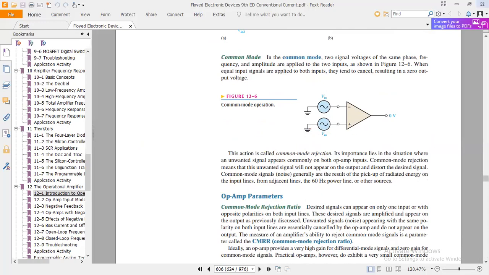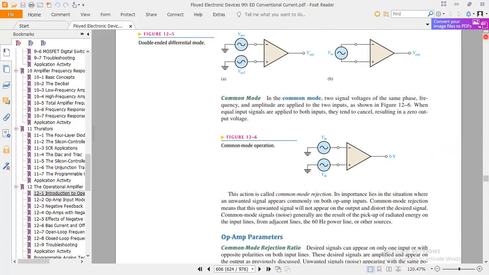The same scenario which you can see in common mode in figure 12-5b, the same scenario happens here. Is there any kind of difficulty in this figure and in this figure comparatively? Are figure 12-5b and 12-6 both clear to you?